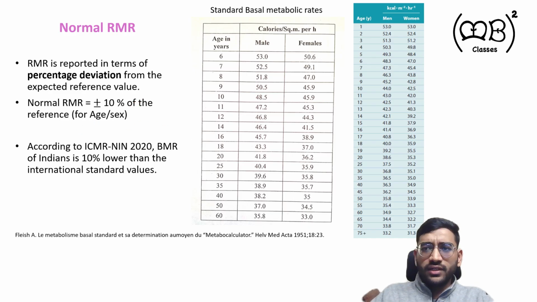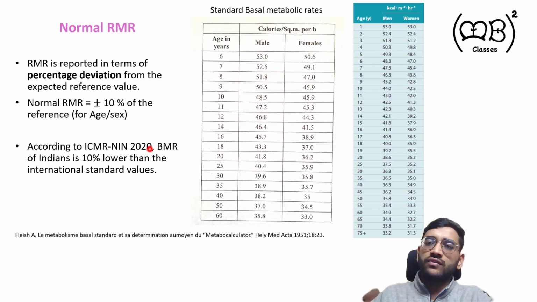But we already discussed that there is a difference of RMR between different races and ethnicities. So the international standards which are being made cannot be directly applied to Indians, and there are not many Indian standards. According to ICMR and NIN 2020 guidelines, the BMR of Indians is 10% lower than the international standard values.